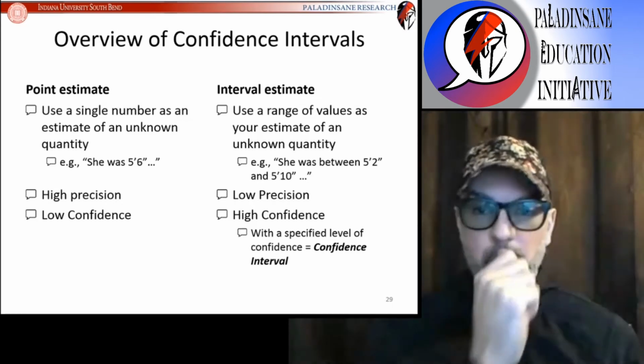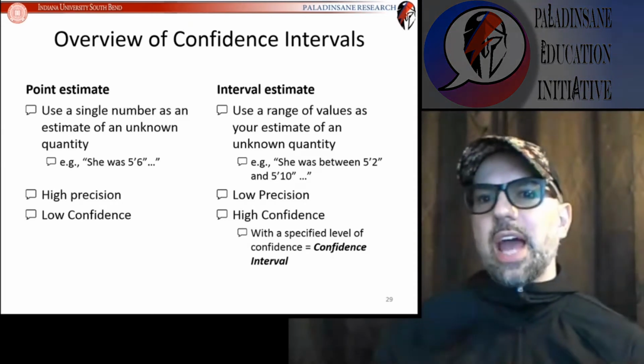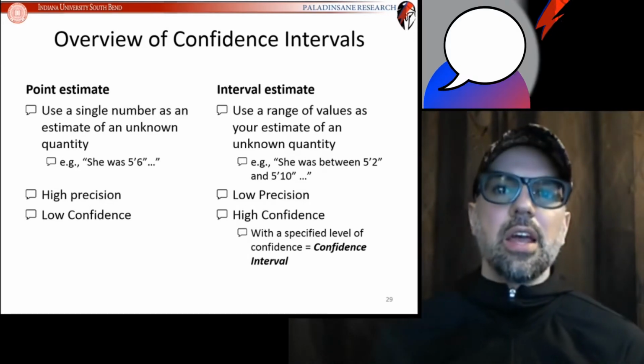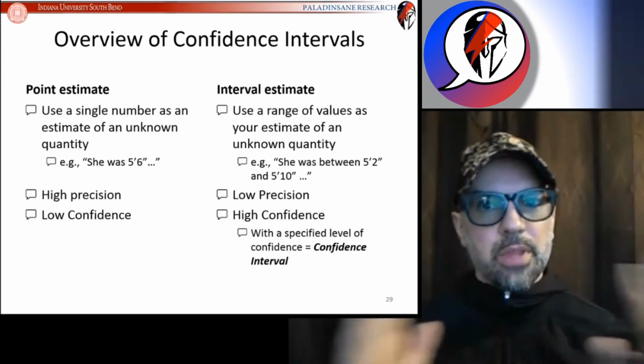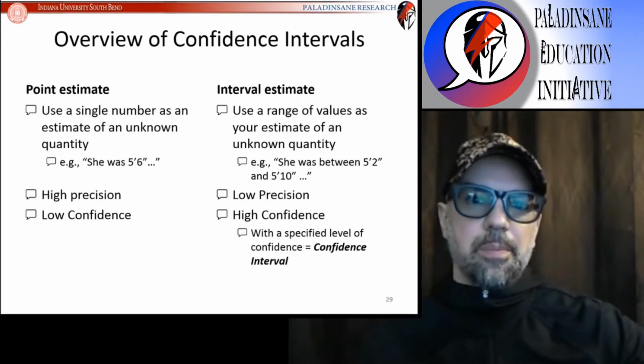In fact, we're going to see a way to put an exact number on that. So if somebody says, I need you to be 99% confident that you are estimating her height correctly, you can say, you know what? Boom, here's your interval, 99% confident. That's what we're going to be doing today.